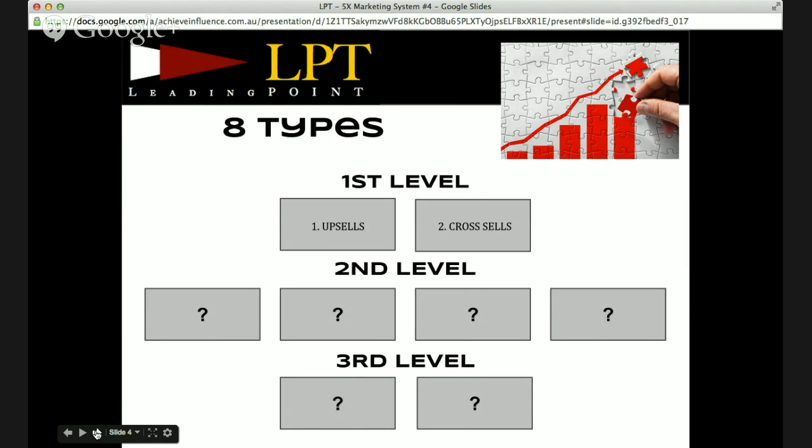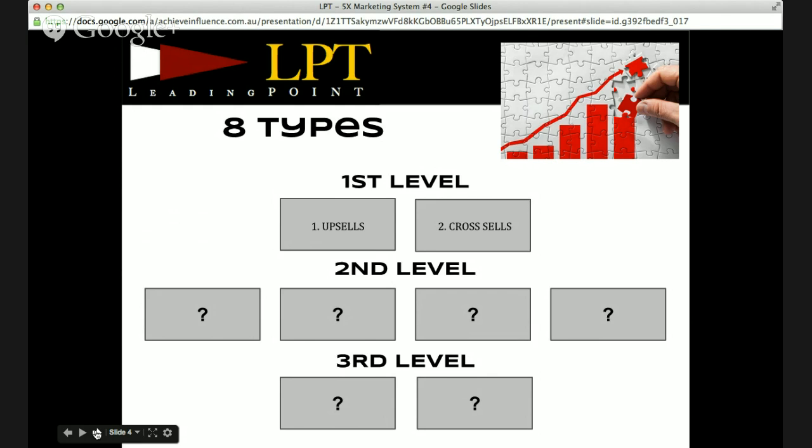However, if you haven't built a progressive sequence and a foundation of the 1st and 2nd level profit increase types, then the impact and influence of your 3rd level profit increase types are not going to have the oomph or the push to create the type of potential and results that they represent.